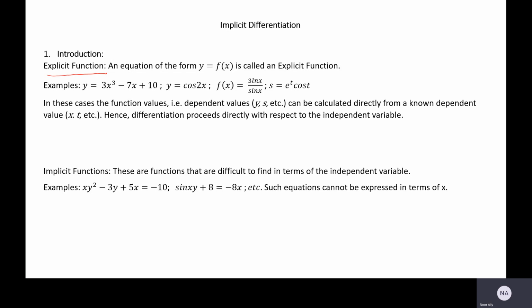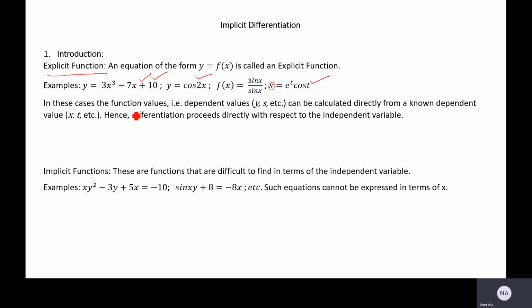Examples of explicit functions, things that you are quite familiar with: polynomial functions, trig functions, hyperbolic functions, more complex functions. In the first few cases, y depends on x, and that's not necessarily all the time. Here we have s depending on the variable t.